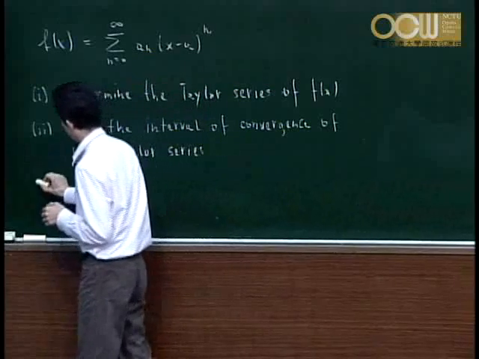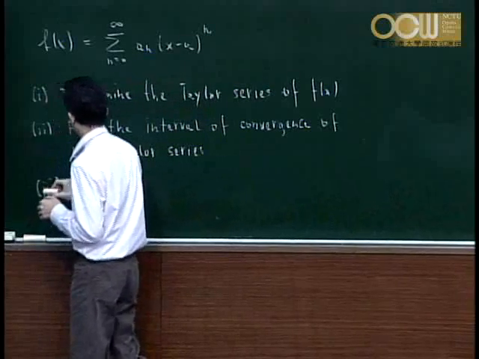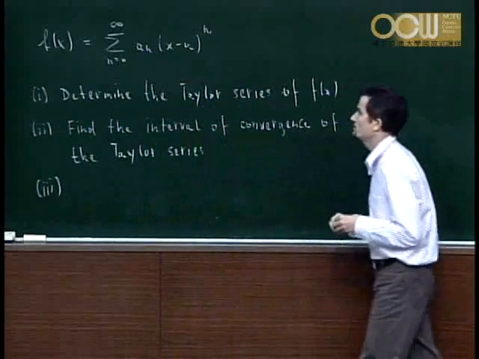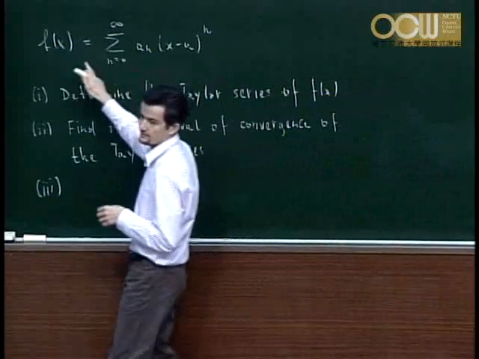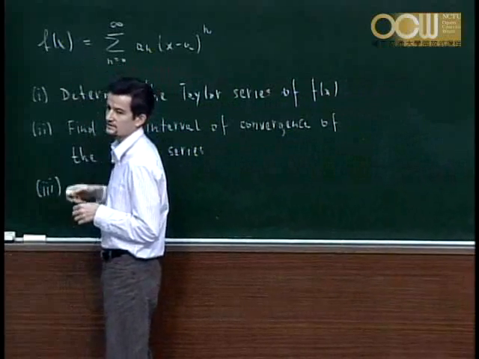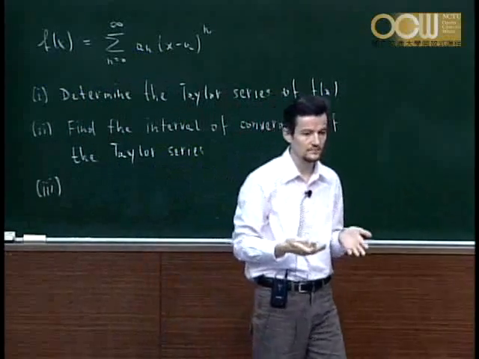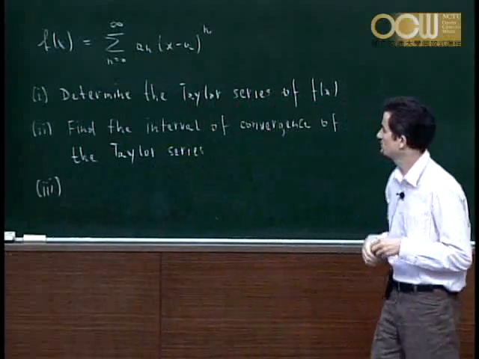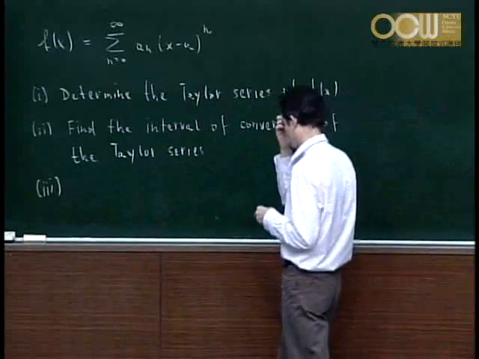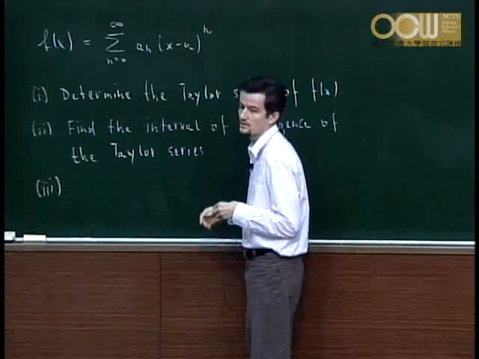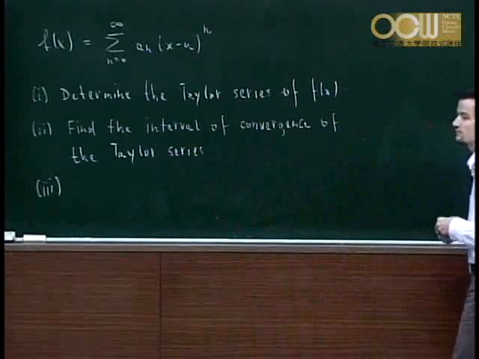And the final step will be to prove that the Taylor series is identical to the function, at least on some domain, which might be a proper subinterval of the interval of convergence.